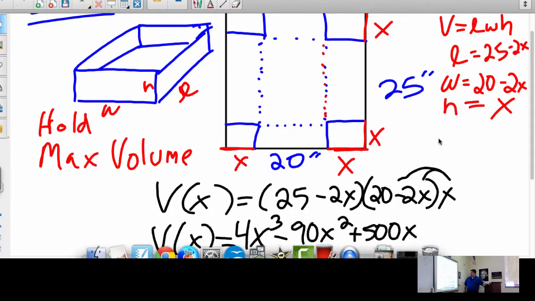So what does that tell me? It tells me that if I let x approximately be 3.68, that will give me the maximum value. Well, what was that maximum value? Well, I've got to plug that into this equation.